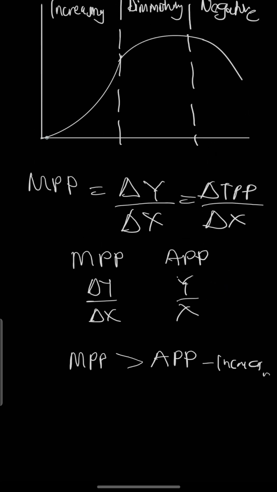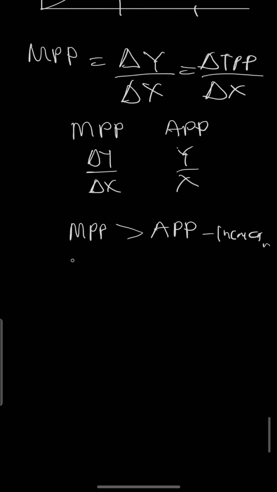I think it goes up to this point, if I'm not mistaken. Let me first confirm. Then we have marginal physical product being equal to average physical product.